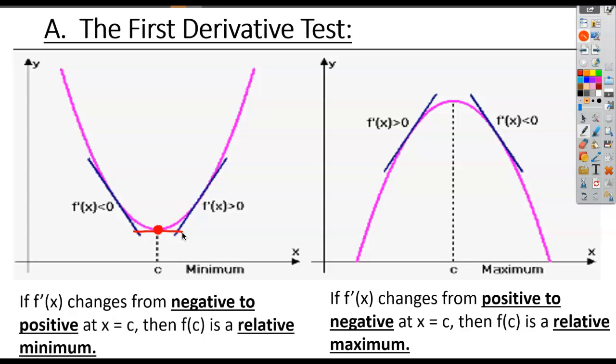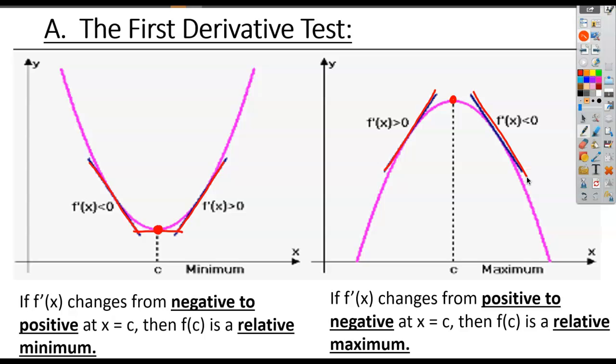Whenever you have a relative minimum, on the left the slope is negative, and on the right the slope is positive. If you have a relative maximum, so if your critical value is up here, and the slope on the left is positive and the slope on the right is negative, the opposite, then that means you have a relative max.